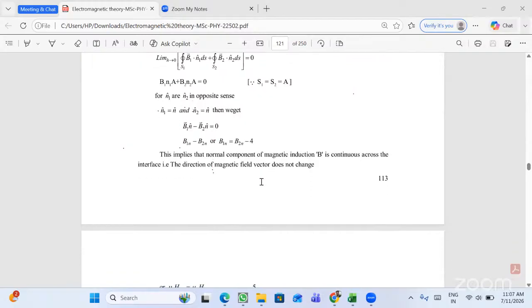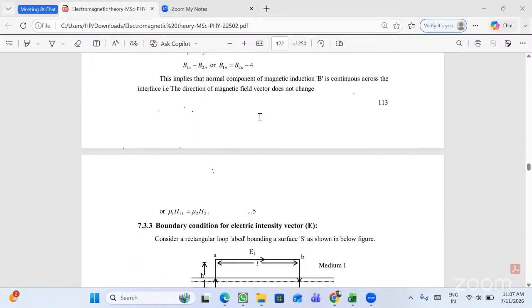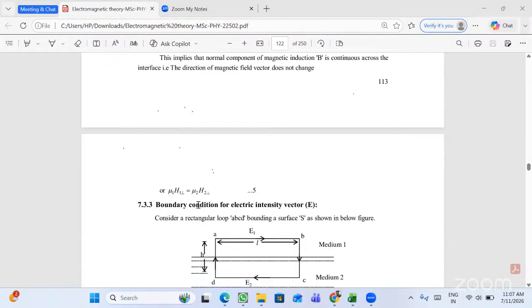We can say that this is continuous across the interface. The normal component of the magnetic induction B is continuous across the interface. This is the boundary condition. You can represent it in the form of mu1 H1 perpendicular equals mu2 H2 perpendicular, because we can write B in the form of H, so we can write this also, right?